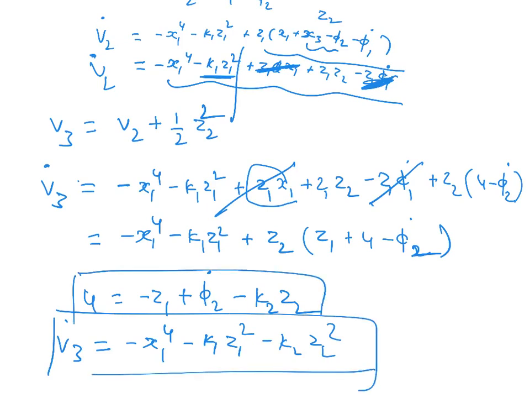You will see now, you will go and plug in what is phi2 dot, what is z2, that the u will become really ugly. But the good thing is when you simulate it and your math is right, that will be very satisfying. You have come 3 steps with this saying, hey, my v3 dot is negative definite, that means x1 goes to 0, z1 goes to 0, z2 goes to 0, that in turn means x1, x2, x3 all go to 0. And having such a controller working will feel amazing.